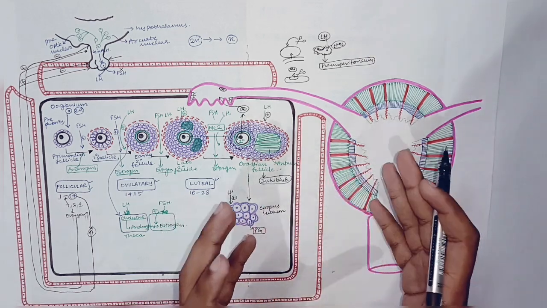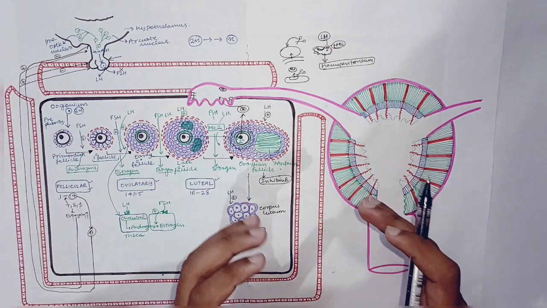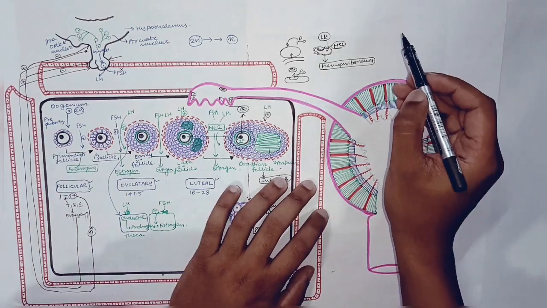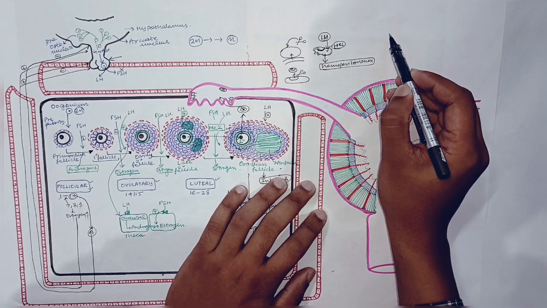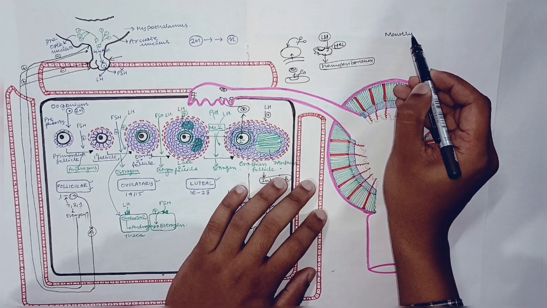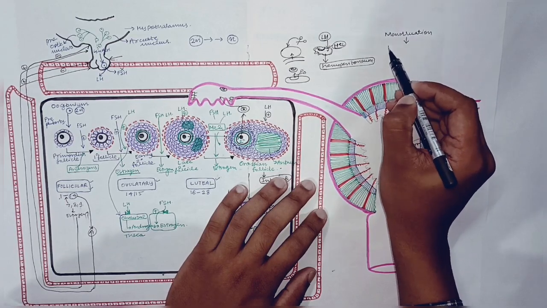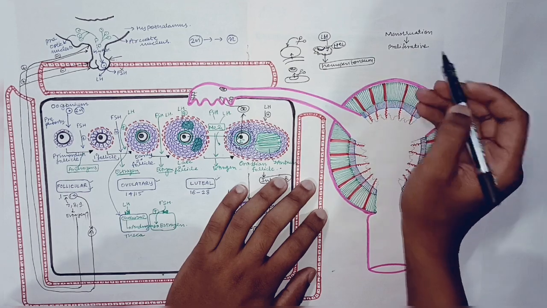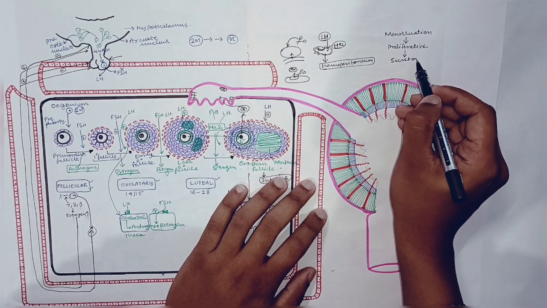Now we are diving into the topic of the menstrual cycle or the female reproductive cycle. We should understand how many phases there are in the menstrual cycle. There is the menstruation phase, then the proliferative phase, and then the secretory phase.